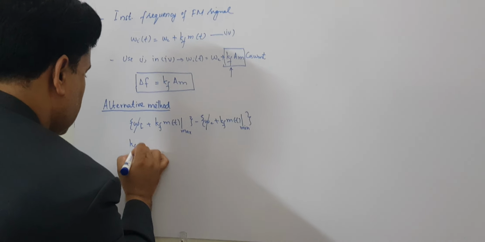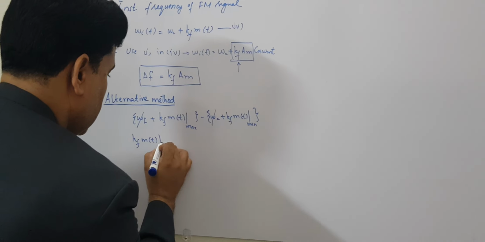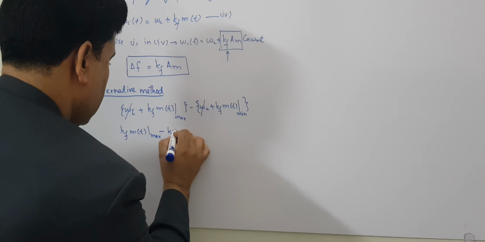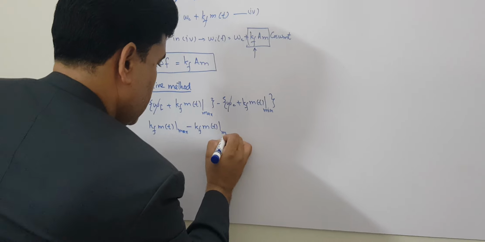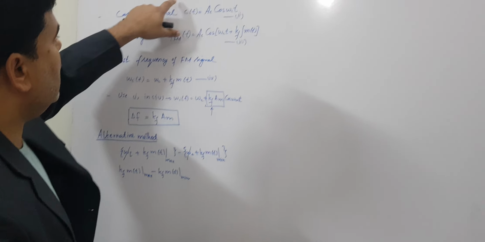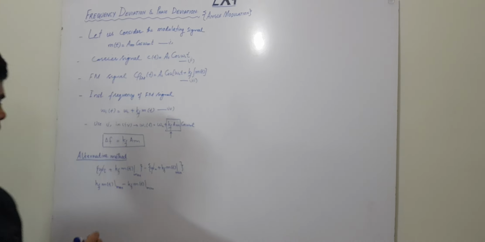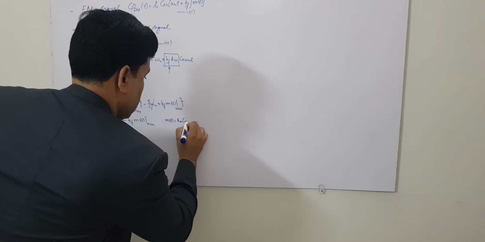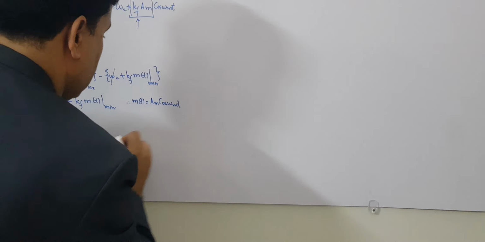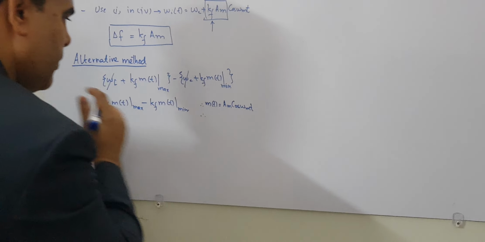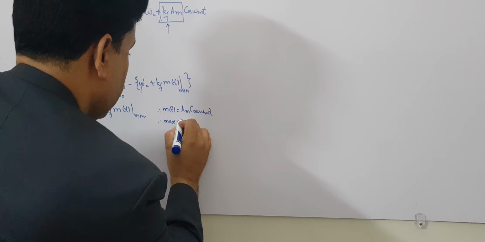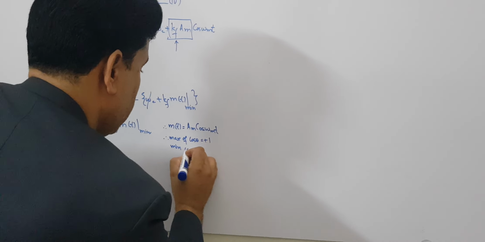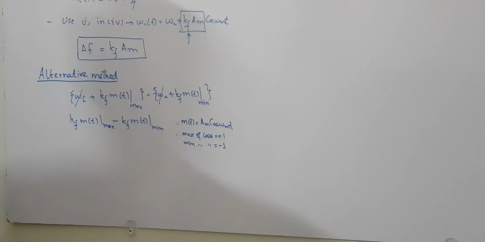The remaining is, from equation 1, we know that m(t) is equal to Am cos ωm t, and we know that the maximum of cos θ is plus 1 and the minimum of cos θ is minus 1.